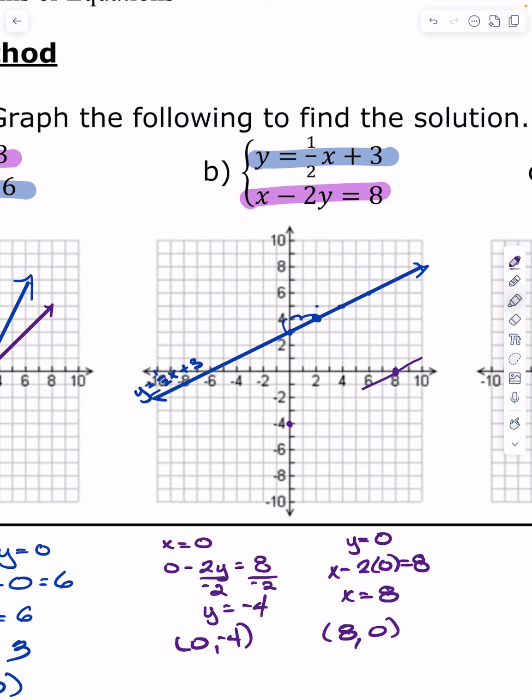And when I graph these, my super straight line there, I end up graphing a line with the exact same slope.